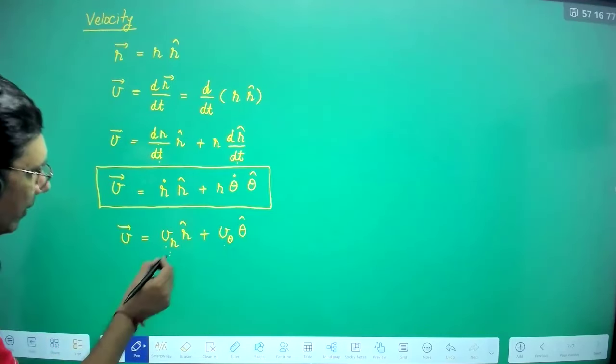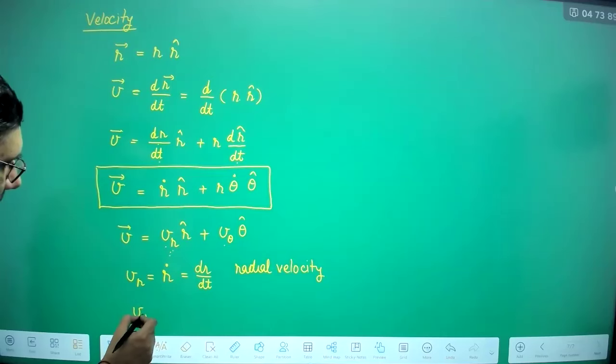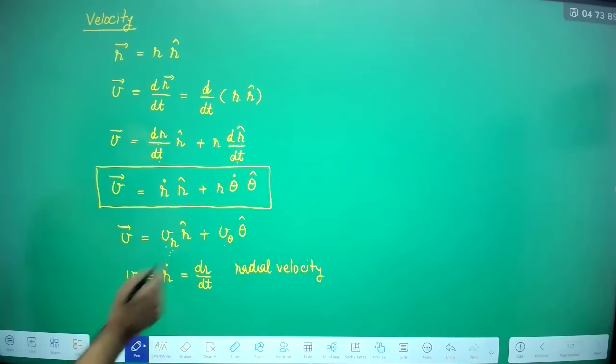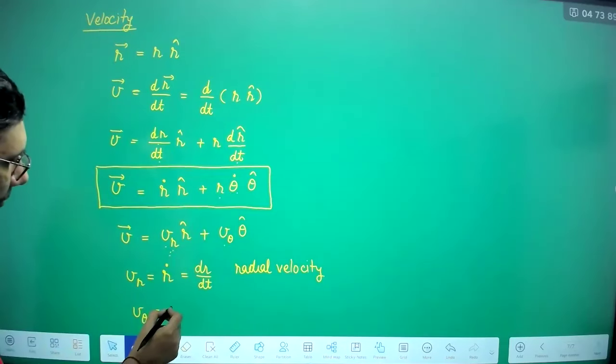This is called radial velocity. And what is v theta? v theta is r theta dot. Theta dot is angular velocity. You also write it as omega.